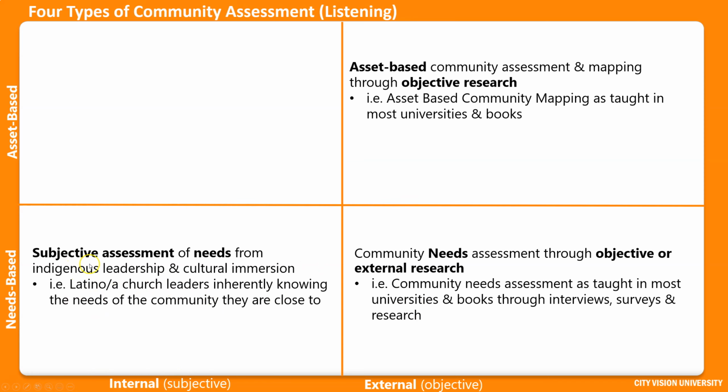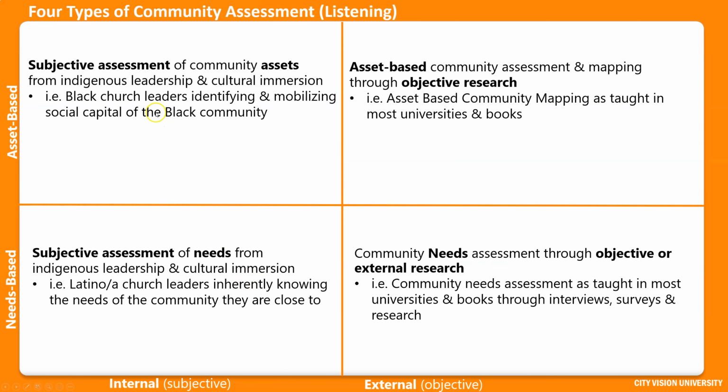You understand it. If you want to get better at this, one solution to understand community needs is to do a bunch of surveys. Another solution is to move into the neighborhood and be familiar with what the needs are. Then on the asset-based side, that might be taking a subjective assessment of community assets from Indigenous leadership and cultural immersion.